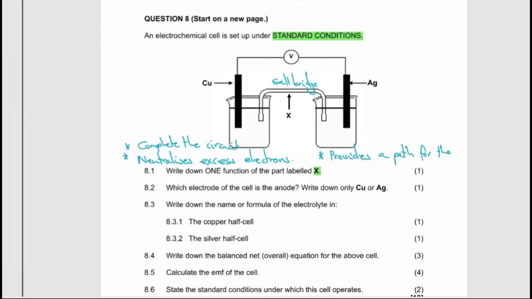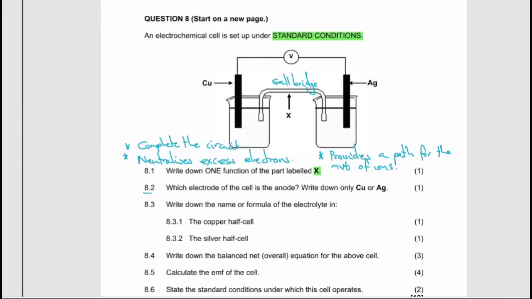So we are supposed to just pick one from these: completes the circuit, or neutralizes excess electrons. Then number three, it provides a path for the movement of ions. Then to proceed to 8.2.